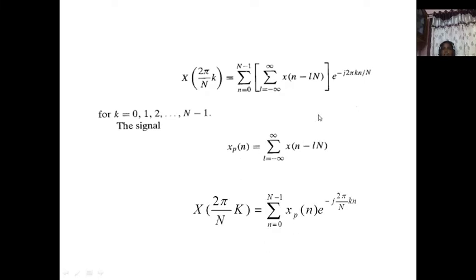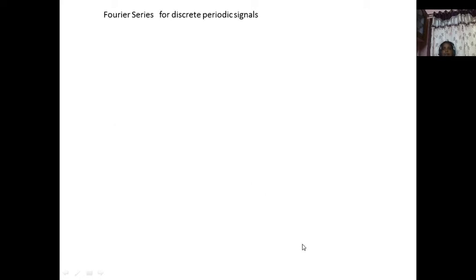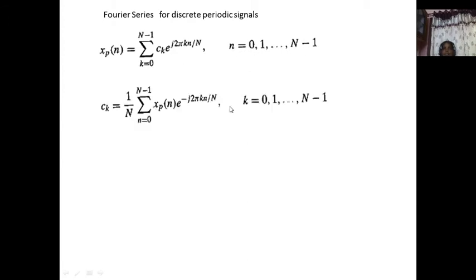So we replace this expression by the periodic signal: X of 2 pi by N k equals summation n equals 0 to N minus 1 xp of n e power minus j 2 pi kn by N. The Fourier series of a discrete periodic signal is given as xp of n equals summation k equals 0 to N minus 1 ck e power j 2 pi kn by N. We know this expression, for n equal to 0, 1, up to N minus 1.